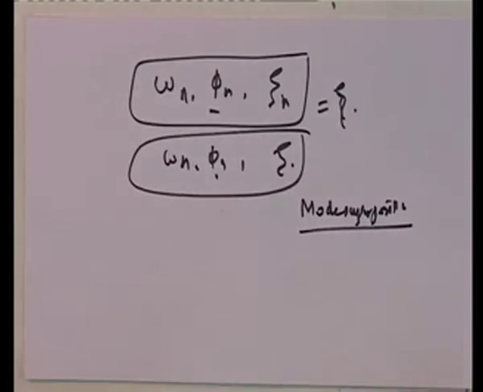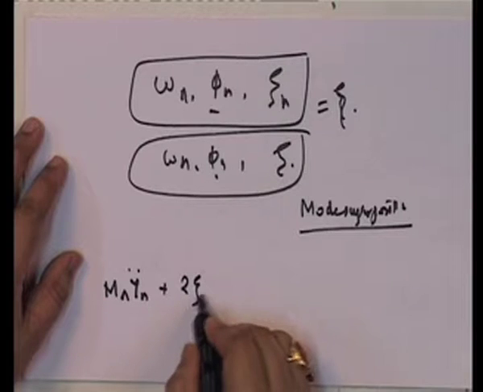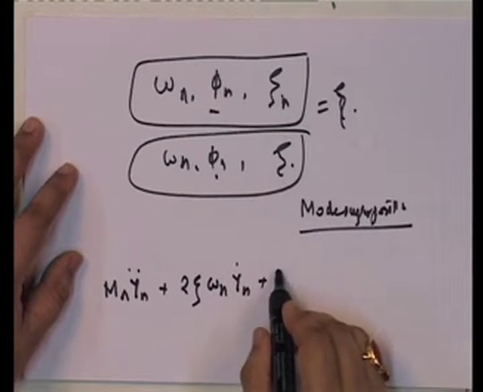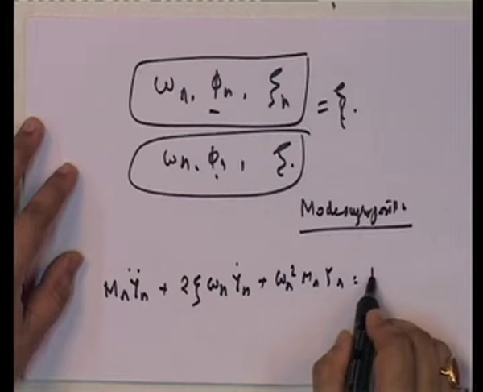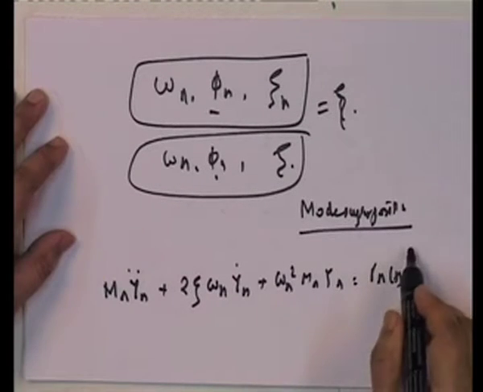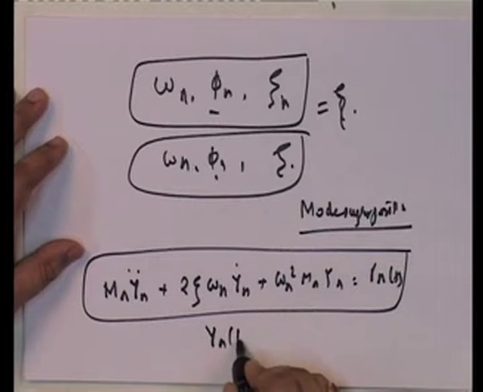If you are using the mode superposition method, that is all you need to do, because then you have this, and this is your standard single degree of freedom problem, and you can always get y n of t.